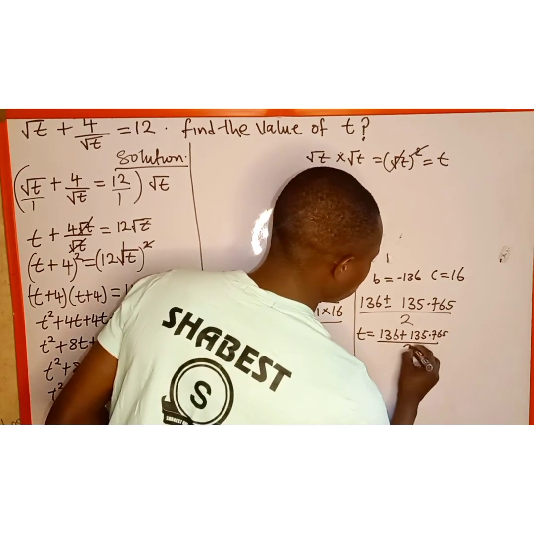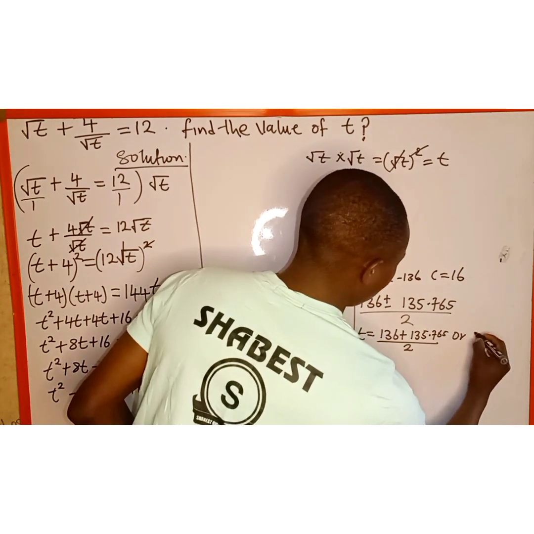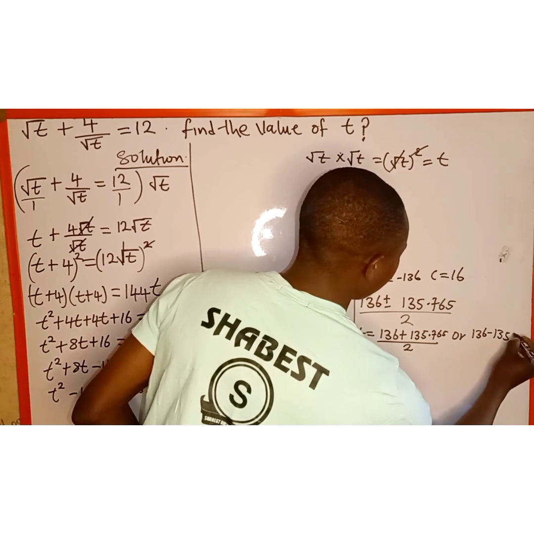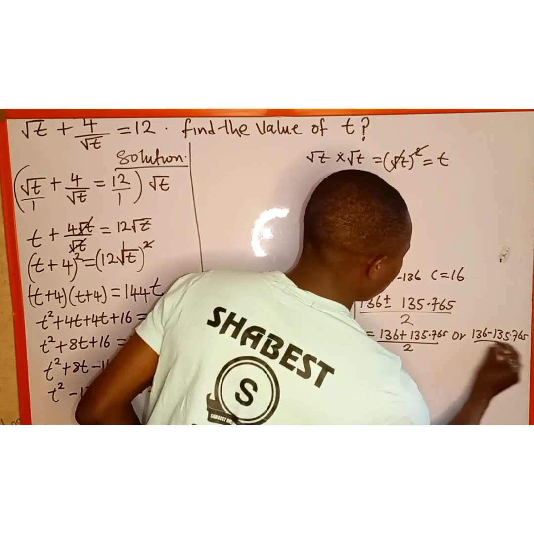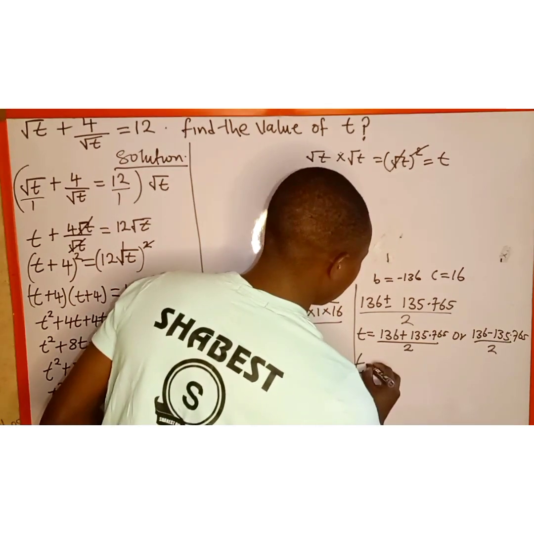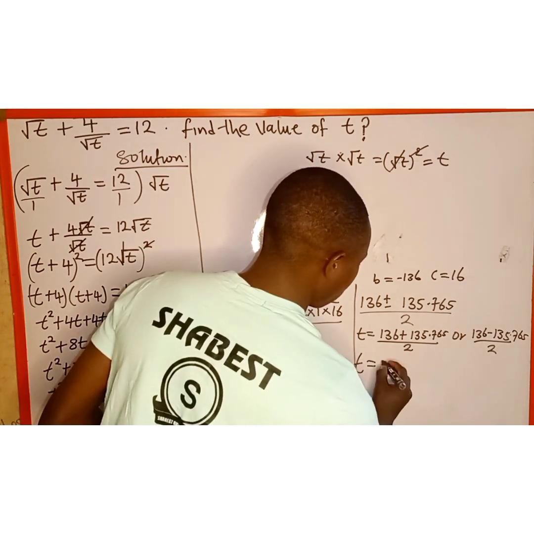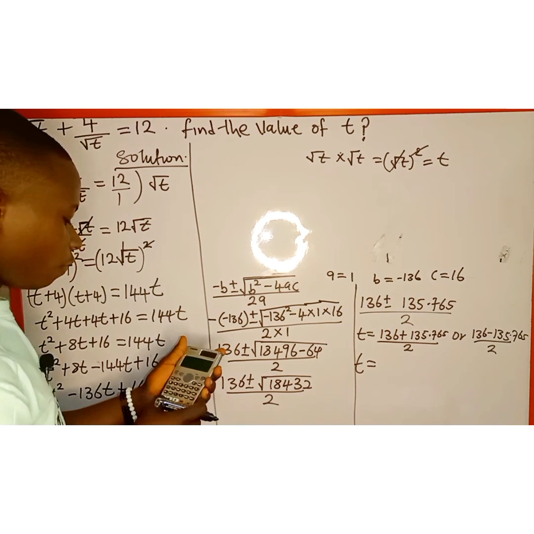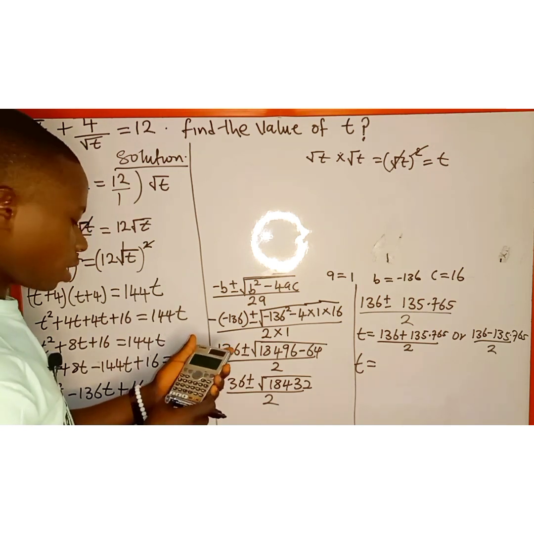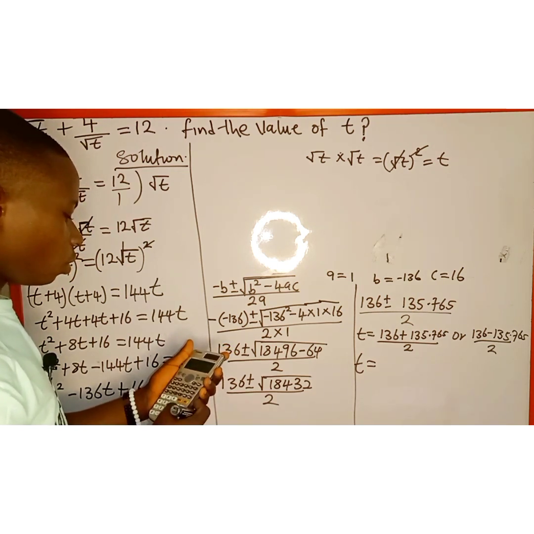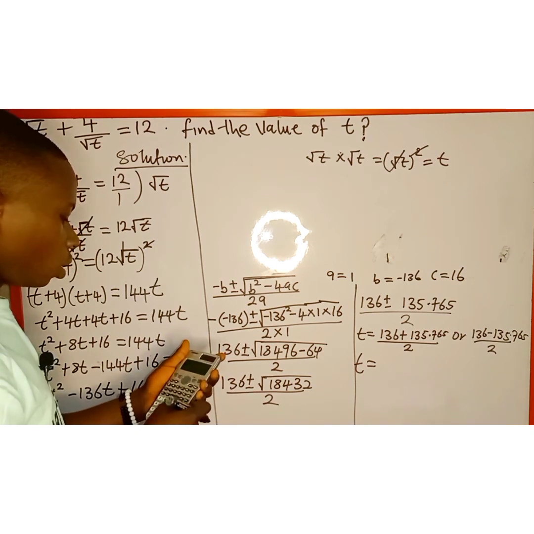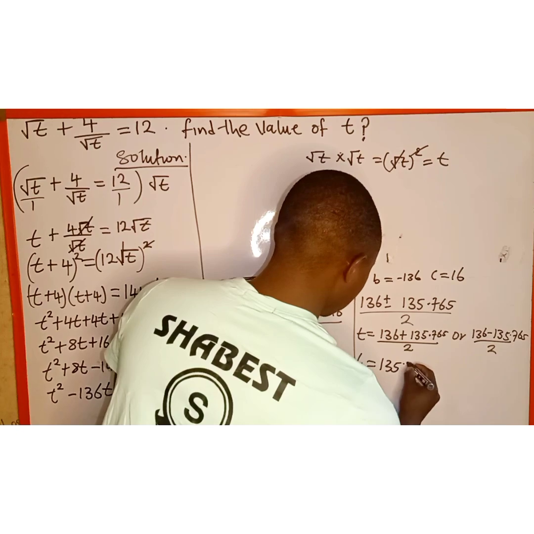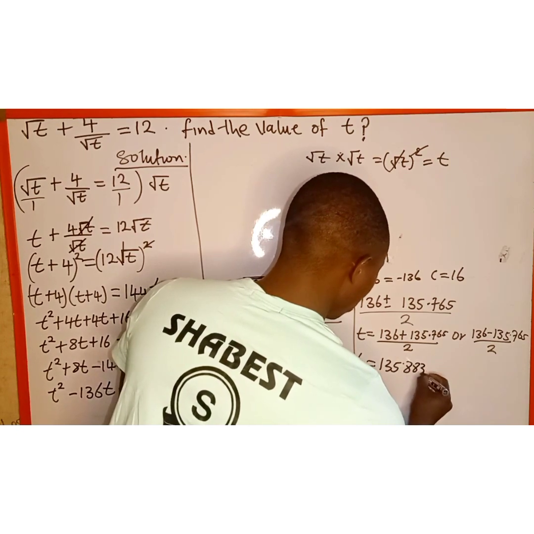So the value of my t now will be equal to 136 plus 135.765 over 2, or 136 minus 135.765 over 2. So my t1 now will be equal to 136 plus 135.765 divided by 2. It will give me 135.883.